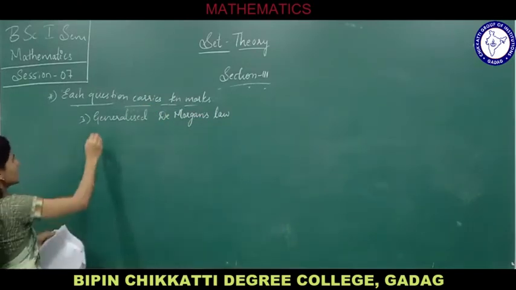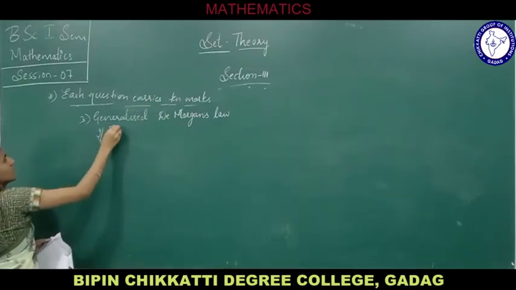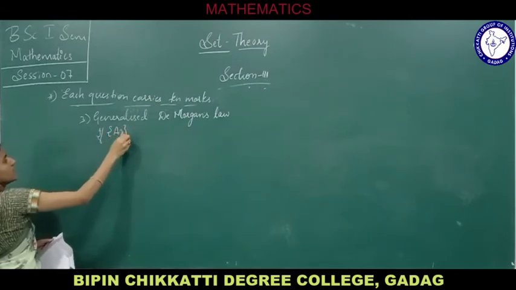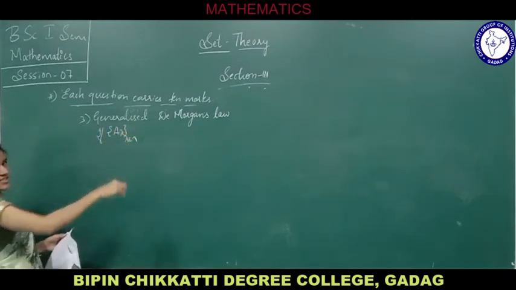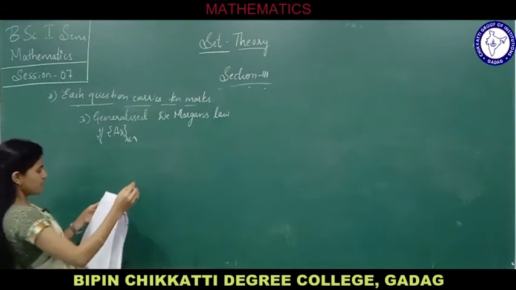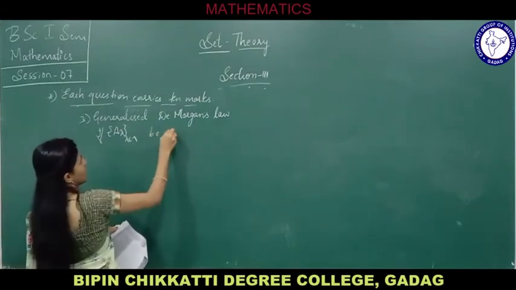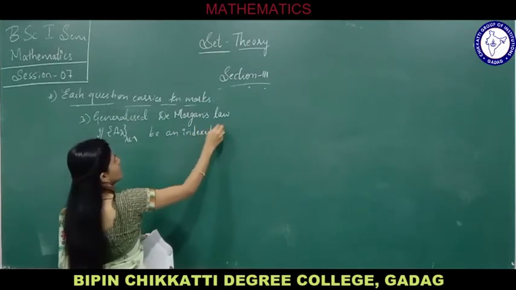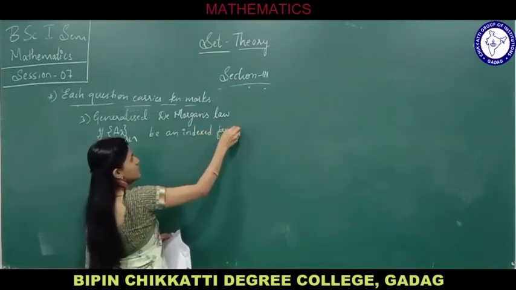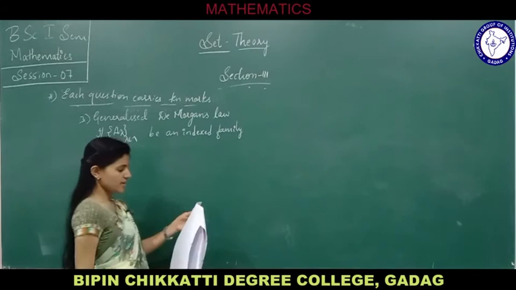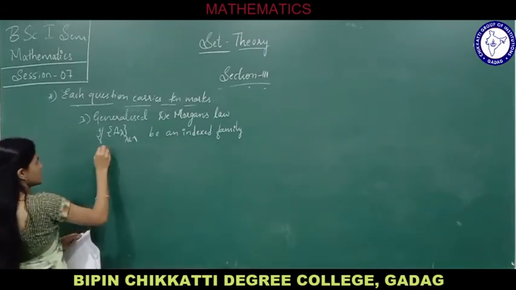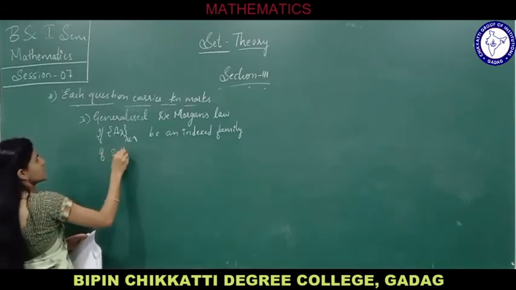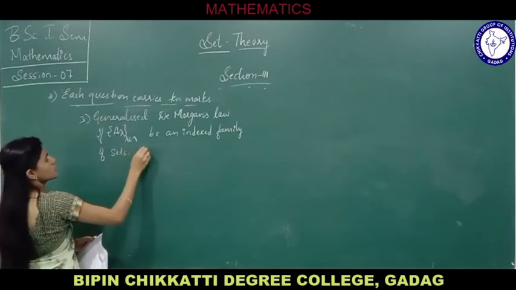We had, if A_lambda, where lambda belongs to the indexed set, be an indexed family of sets, then what is going to happen?